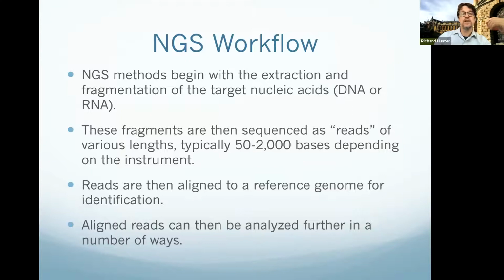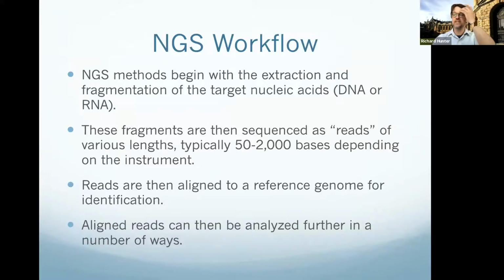Okay, so typically with these approaches, you're extracting and fragmenting some nucleic acids. They're then sequenced as reads. Typically, they're somewhere between 50 and 2,000 to 5,000 bases, depending on the instrument you're using. Most common instruments are running 100, 200 base reads. Then you have to go through a fairly computationally complex task of aligning to a reference genome.